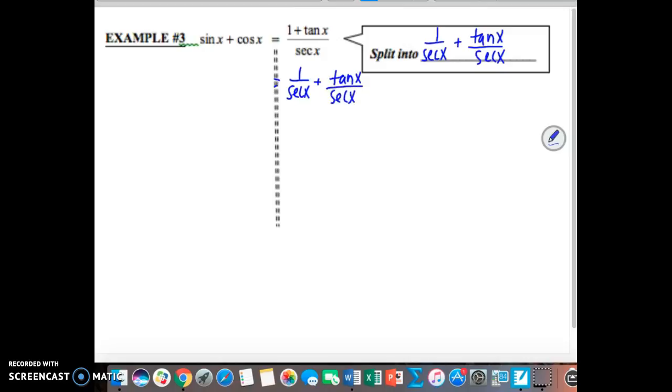We can rewrite 1 over secant of x as cosine of x, and that's just a reciprocal identity. And if we change tangent of x divided by secant of x in terms of sine and cosine, we have cosine of x plus sine of x divided by cosine of x, all divided by 1 over cosine of x.